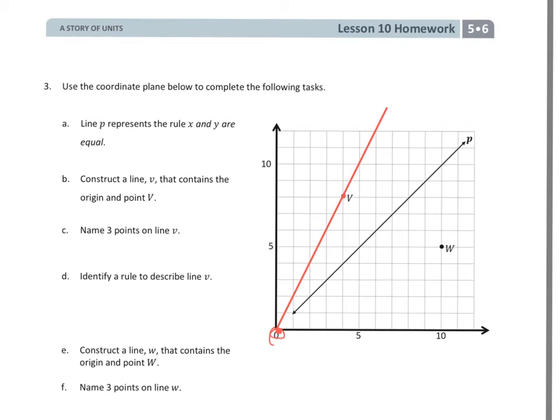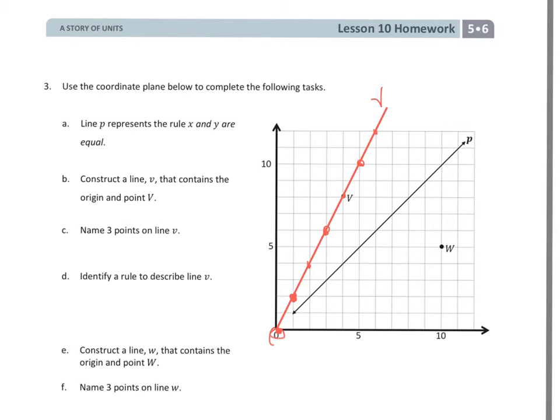So there's my line right there, and I'll put a V on the end of it so I know it's line V. Now I have to find some points on here, and it looks like we have a point right there, and right there, and there, and there, and there. So now I just have to name 3 of those points.